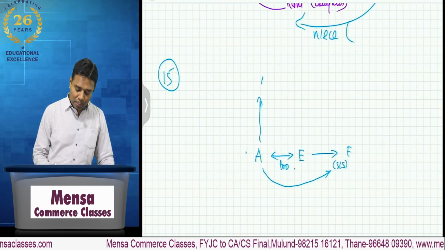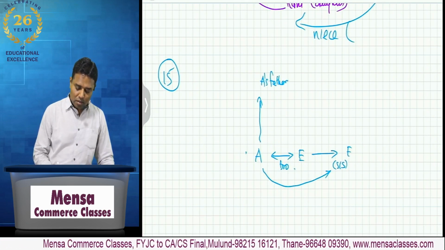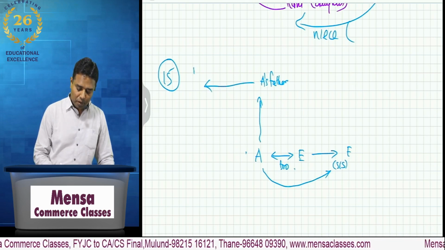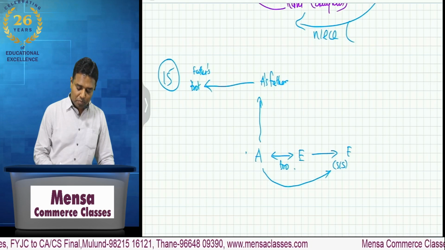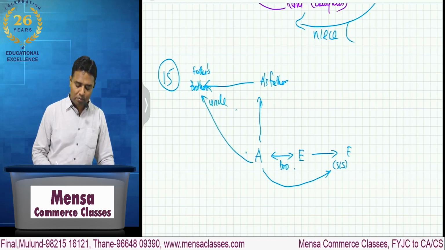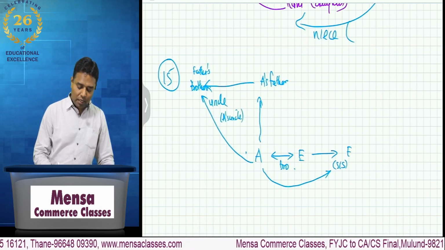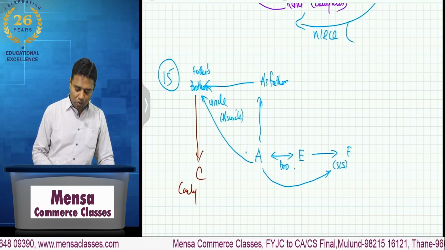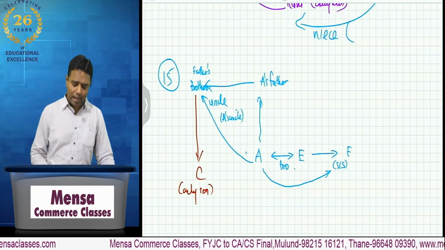A's father, his brother, father's brother will become A's uncle. His son is C, and they are saying only son, the only son which that uncle has.